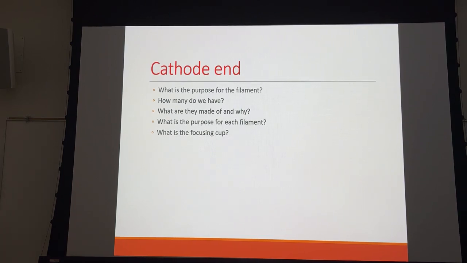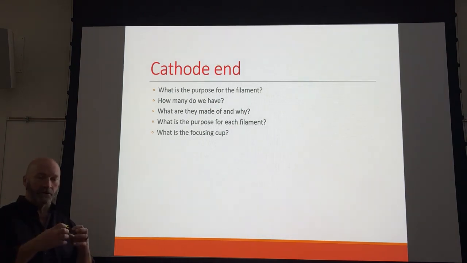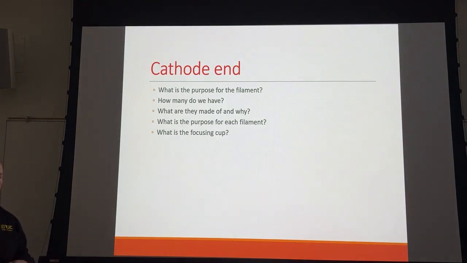The purpose for the focusing cup is to try to compensate for the natural tendency of the electrons. All electrons have a charge, and that charge is positive or negative? It's all negative, right? So you take two negative things and you cram them together, and what are you going to have a tendency to do? Like charges repel, right?